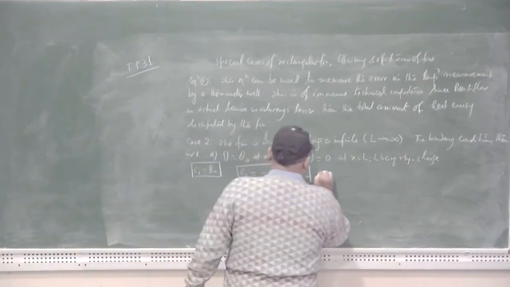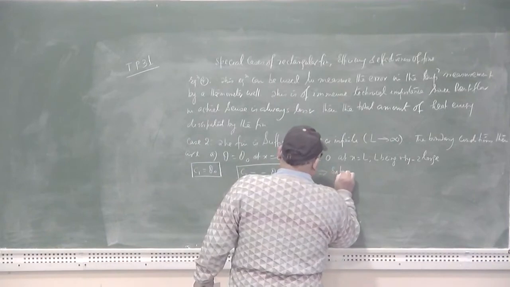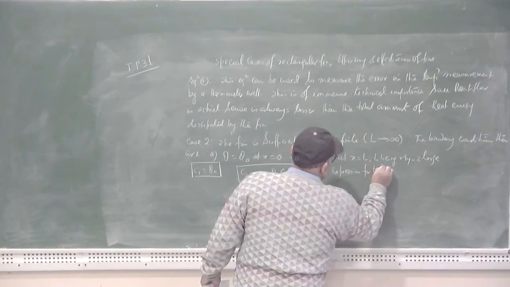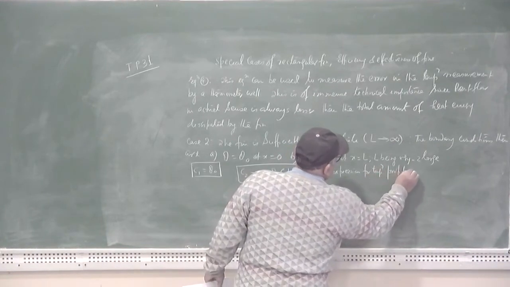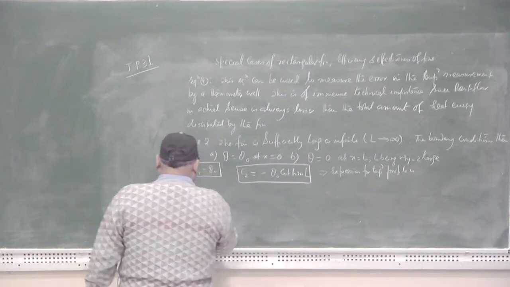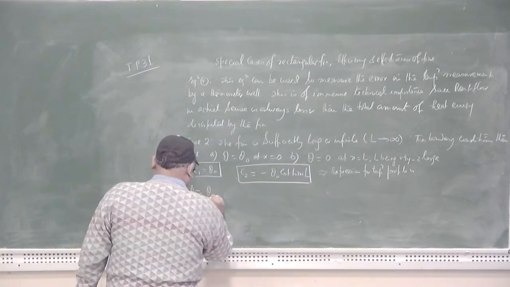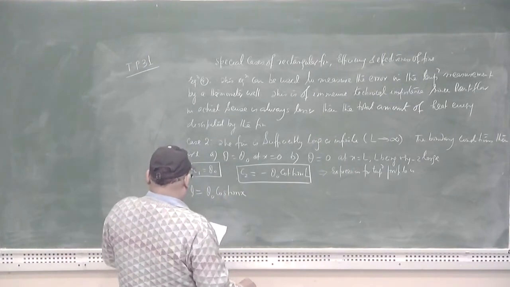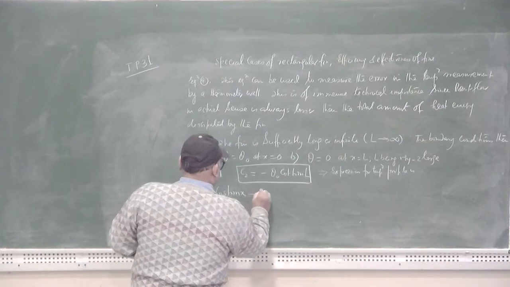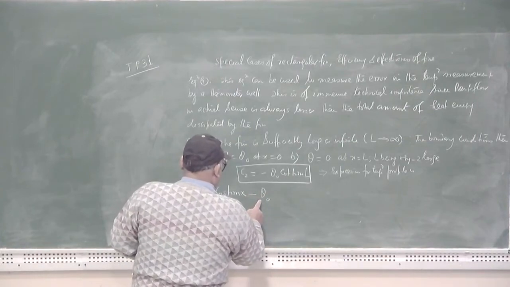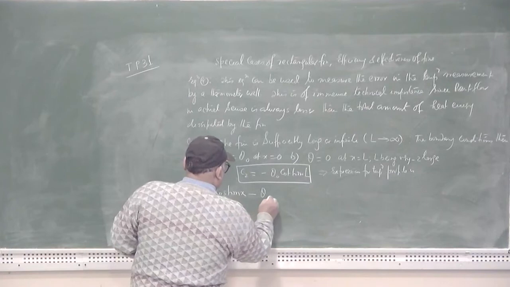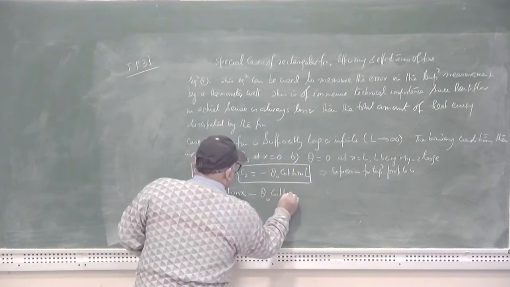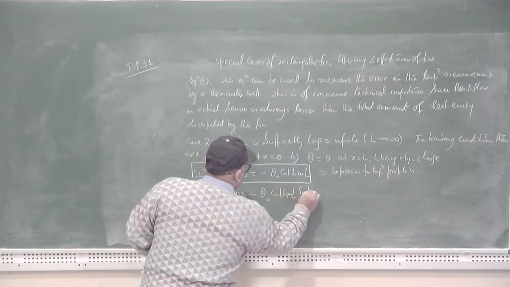So, the expression for temperature profile is theta equal to theta 0 cosh mx minus theta 0 cot hmL into sinh mx.